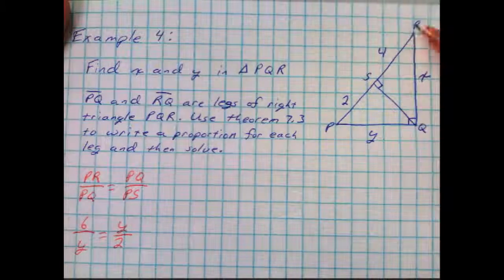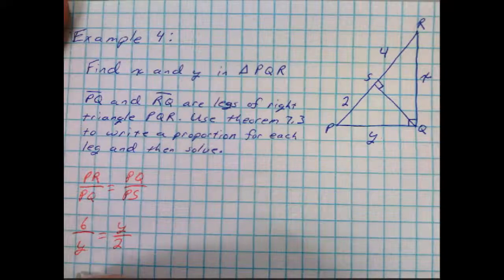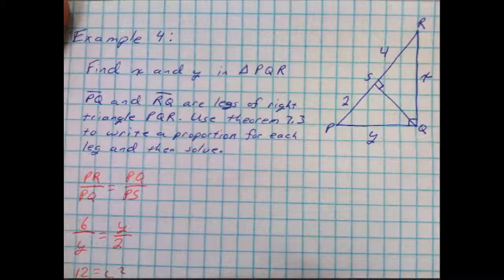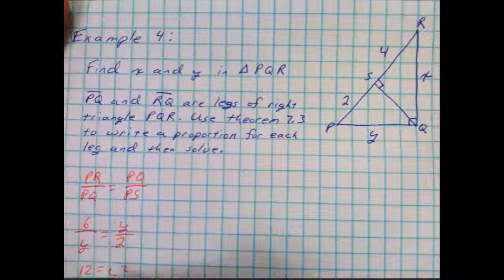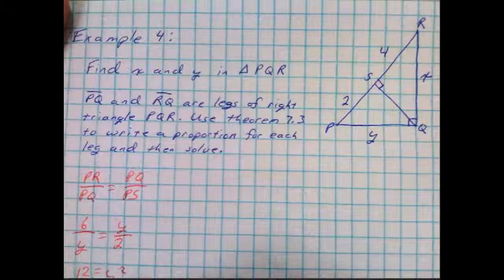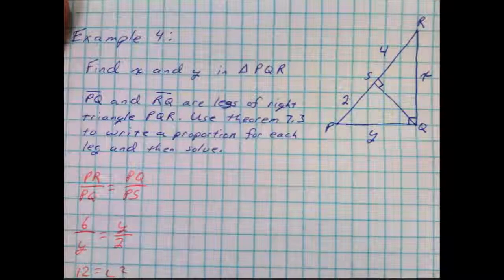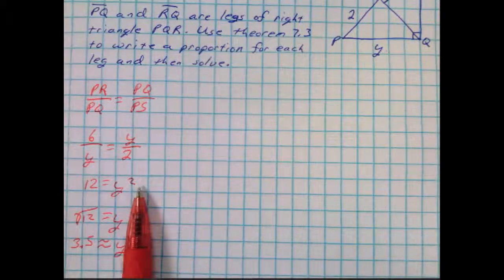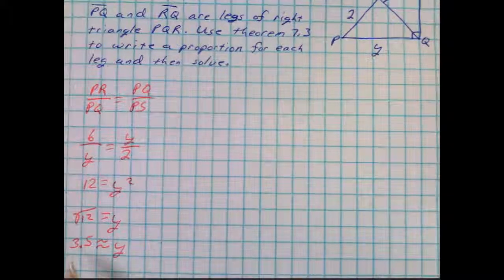The whole thing over the one adjacent. So cross products, we get 6 times 2 is 12 equals y squared. Then y equals the square root of 12, which is approximately 3.5. So 12 equals y squared, we did the square root, and we get approximately 3.5.